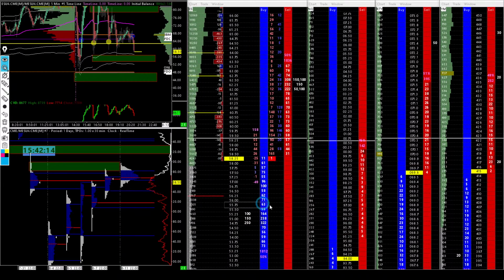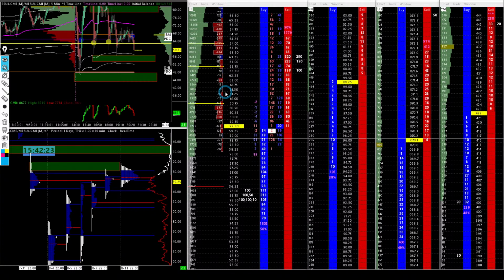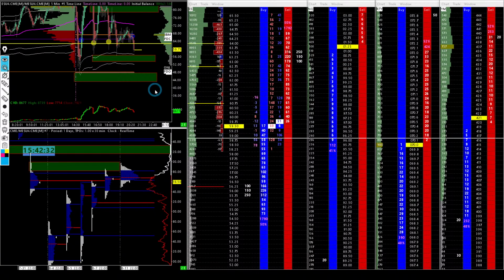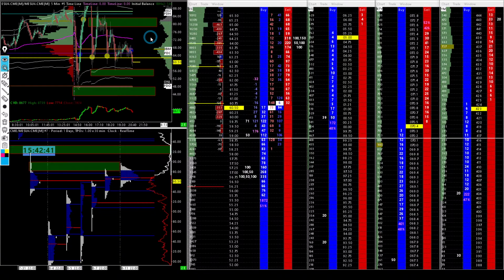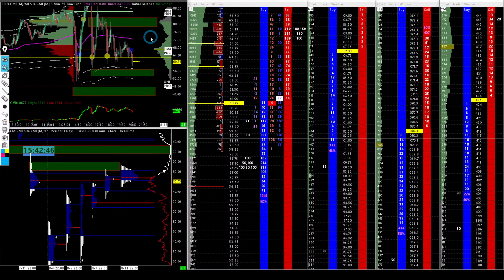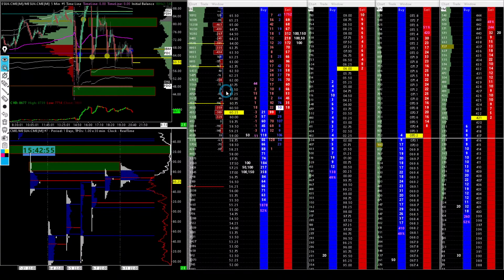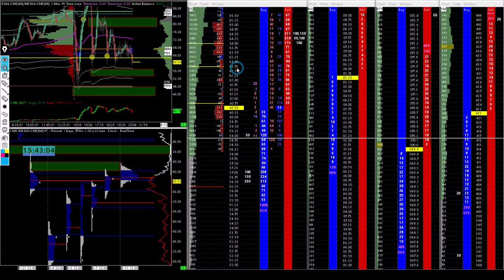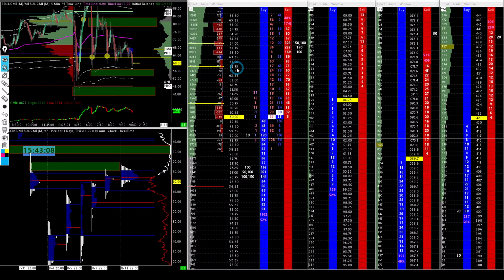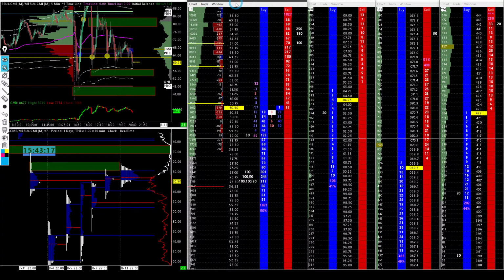And this other one's just a low of day, isn't it? Be interesting to see if they can crack here. They don't seem to be hitting it right now.